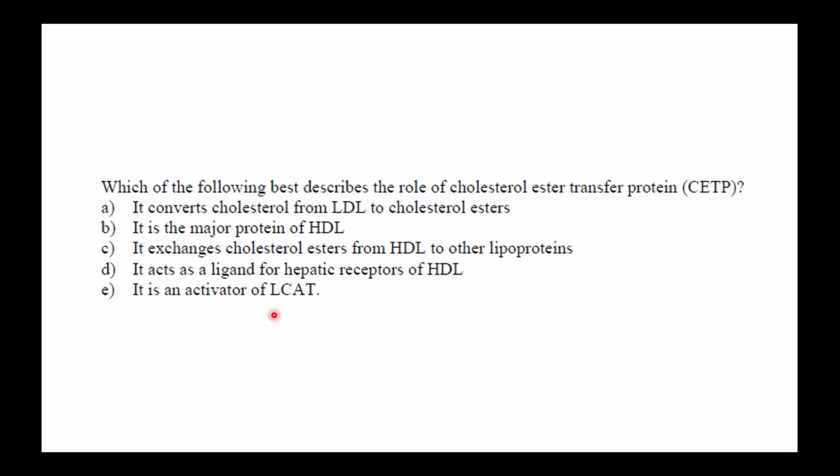Option B, it is the major protein of HDL. Option C, it exchanges cholesterol esters from HDL to other lipoproteins. Option D, it acts as a ligand for hepatic receptors of HDL. Option E, it is an activator of LCAT, that is the lecithin cholesterol acyl transferase.